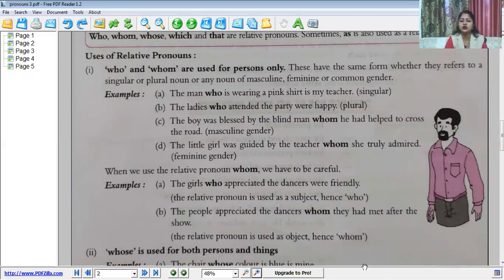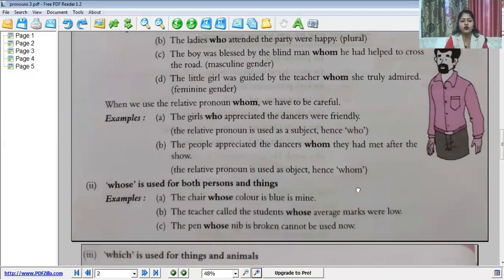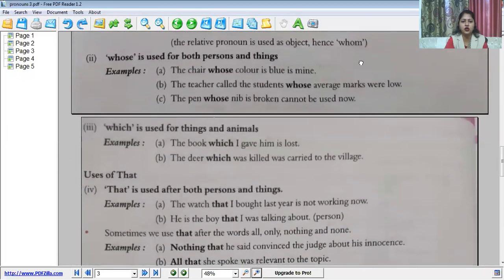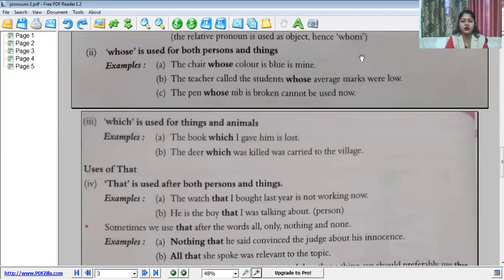Okay children, so we'll move on to see some more uses of relative pronouns. Whose is used for both persons and things. Let's see the examples. The chair whose color is blue is mine. The teacher called the students whose average marks were low.